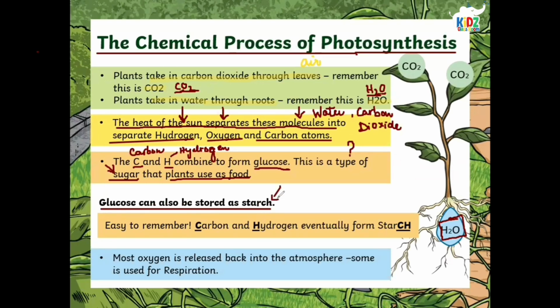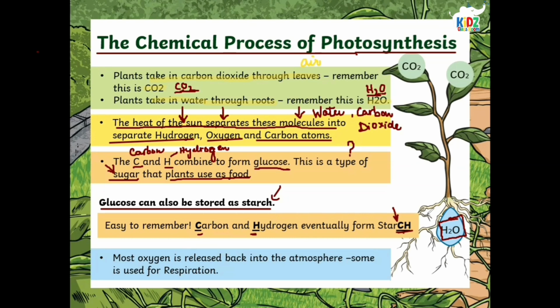Glucose can also be stored as starch. How can we remember it easily? Carbon and hydrogen, when combined together, make up glucose. So carbon and hydrogen, CH. At the end of starch, we have CH. So you can remember by the first letters of carbon and hydrogen that we store it as starch.